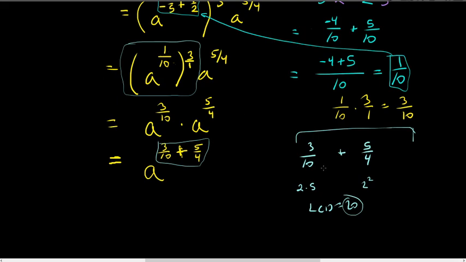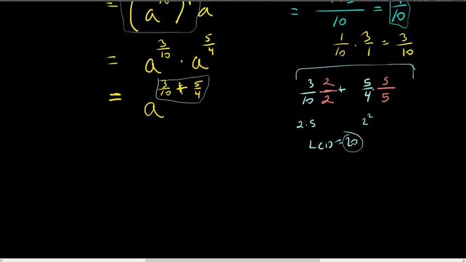Okay. Now, 10 times what is 20? Don't think too long. 10 times 2 is 20. So multiply by 2 over 2. 4 times what is 20? 4 times 5 is 20, right? 20 divided by 4 is 5. So now this becomes, let's see, I'm running out of space here, so let me pull this down here.